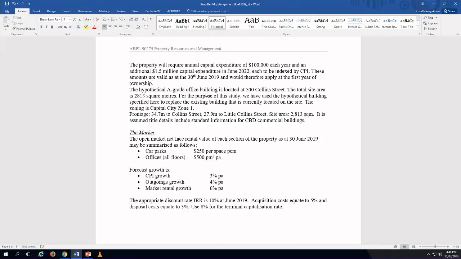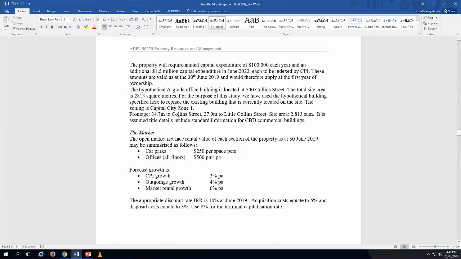So this 12-storey building is just a hypothetical building. That's what it says. The total site area is 2,813 square meters. For the purpose of this study, we have used the hypothetical building specified here to replace the existing building that is currently located on that site.